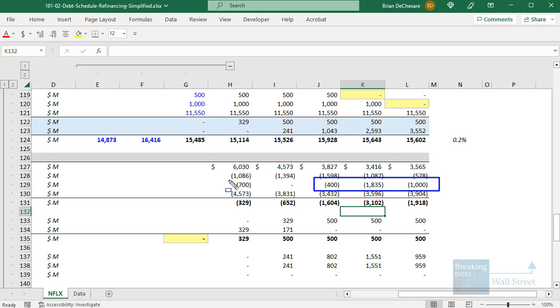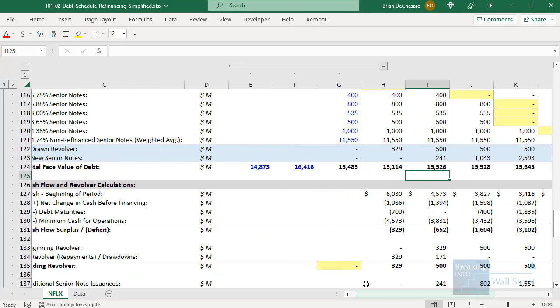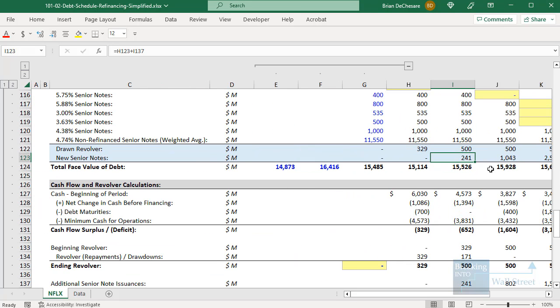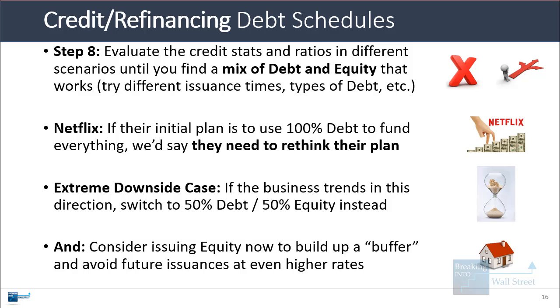So why not just issue equity or debt right now or very soon, pay the lower rates that they would get, the 5% or the 6% rather than the 7% or 8%, and take care of it now instead of waiting. So that might be another option to change the timing of this and to not refinance as the maturities come due, but rather to issue more capital upfront.